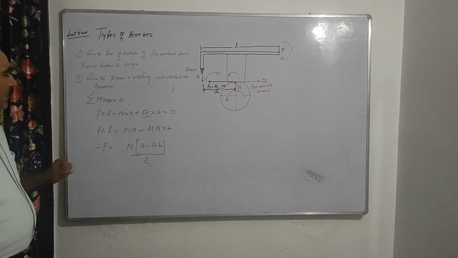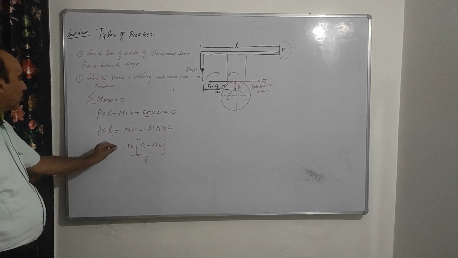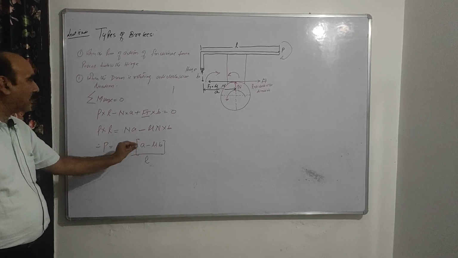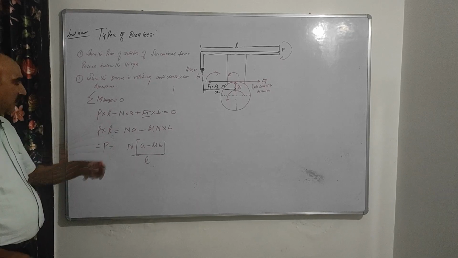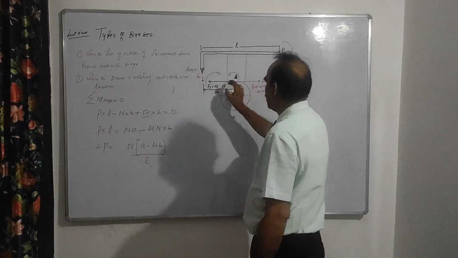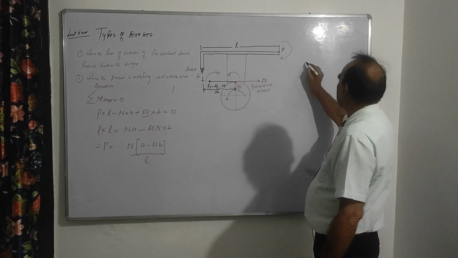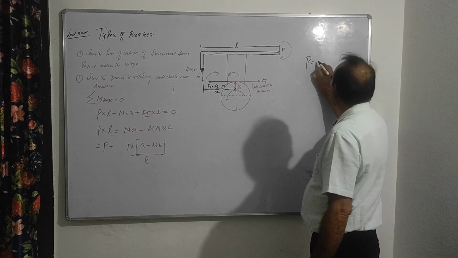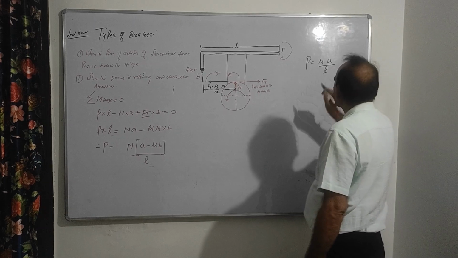Now just see the difference here. This is your design equation, P equals N into (A minus mu B) upon L. Compare it with the equation we calculated when the force passes through the hinge, P equals NA upon L, right?